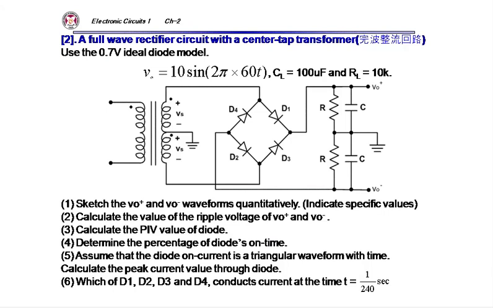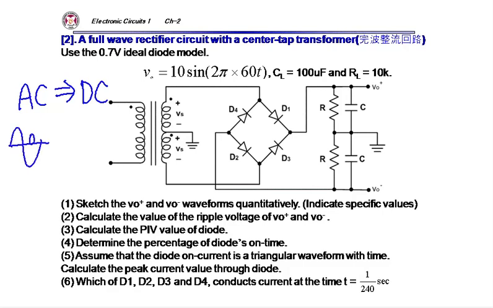The primary usage of a diode is a rectifier. A rectifier just converts AC voltage into DC voltage. This is AC voltage, right?